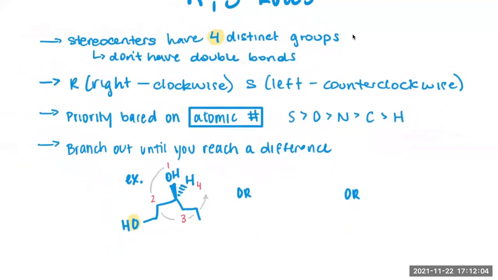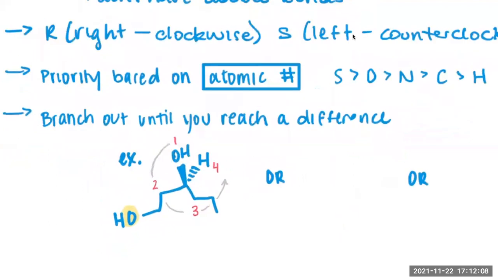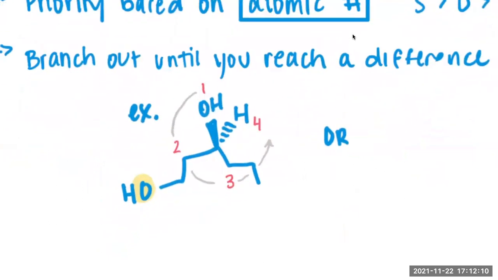So here's a situation we might run into where, so we know what our first priority and our last priority is gonna be, our oxygen and hydrogen. But then we have two carbons here and here. So we have to figure out which one of those branches has the higher priority. Let's say we branch out once.